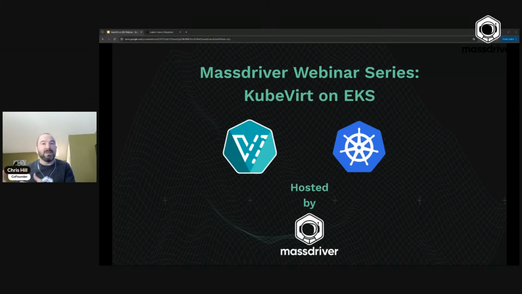The last thing to note, this webinar obviously requires a running Kubernetes cluster, and in our case, specifically an EKS cluster. If you don't currently have a cluster, you can head to massdriver.cloud, and we have some bundles that you can use to get up and running very quickly in any of the major clouds, AWS, GCP, or Azure. But these clusters take about 15 minutes to deploy, and that's not us.